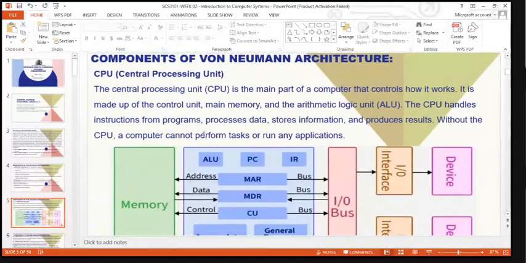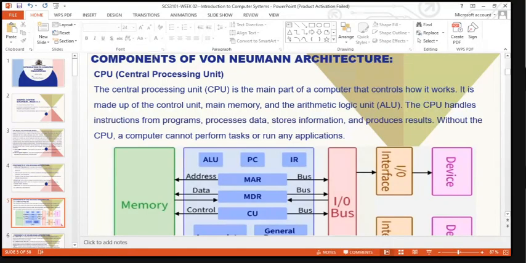Talking deeper about these components, the central processing unit, the CPU, is the main part of the computer system that controls how the computer works. It is made up of the control unit, the main memory for storage, which we call the primary memory, and the arithmetic logic unit, which is able to do various arithmetic operations.